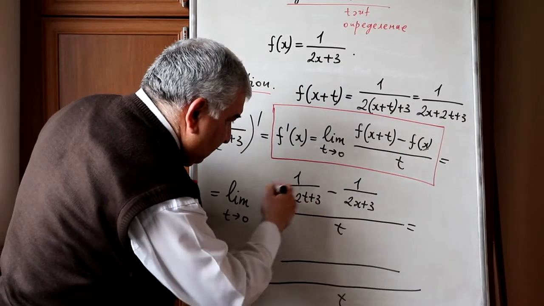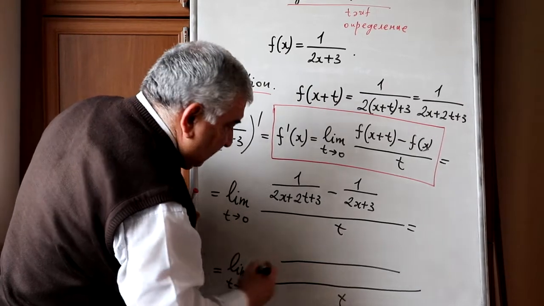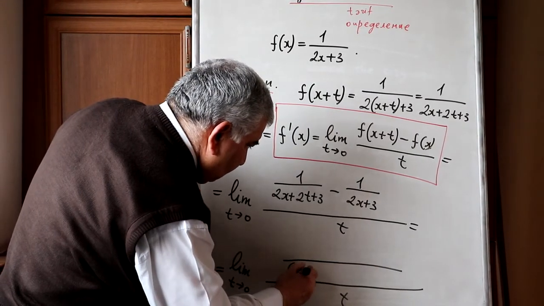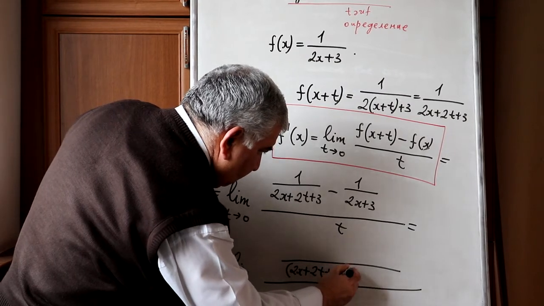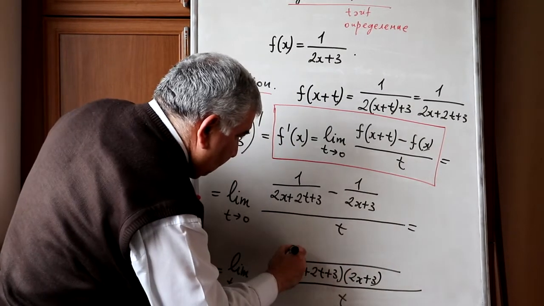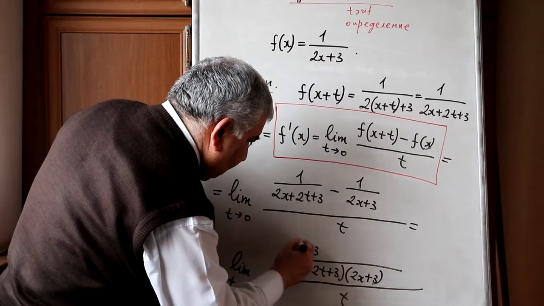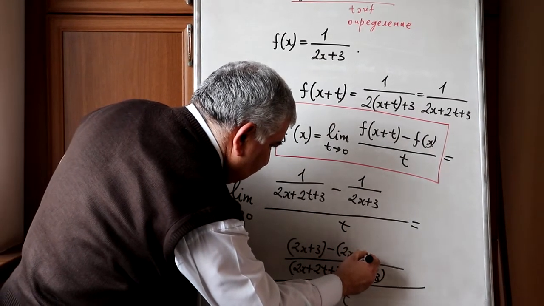The common denominator is the product of the given denominators, 2x plus 3 minus 2x plus 2t plus 3.